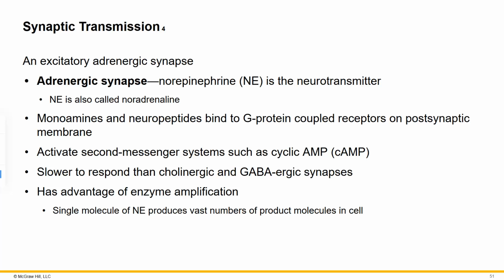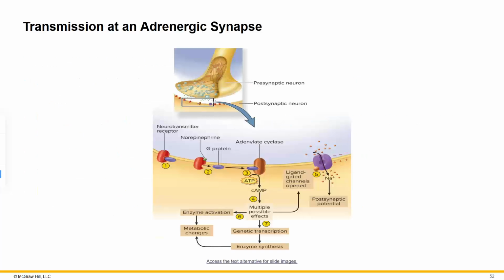It's slower to respond than cholinergic and GABAergic synapses, and has the advantage of enzyme amplification. A single molecule of norepinephrine produces vast numbers of product molecules in the cell. And here's a picture of that secondary messenger system that would have downstream effects.